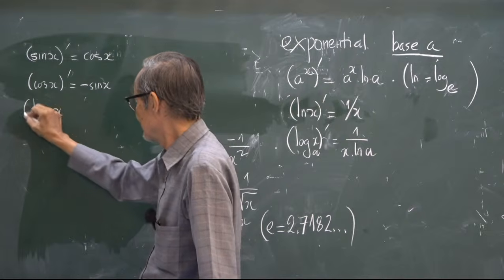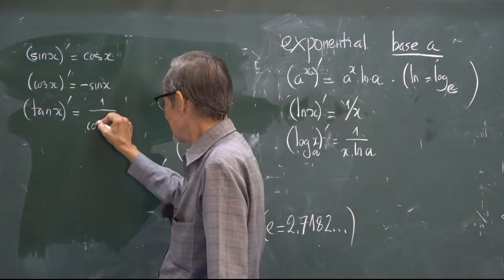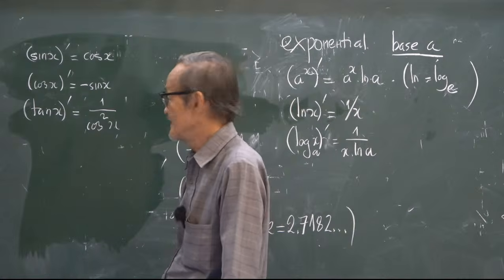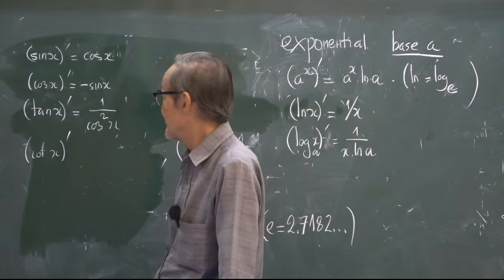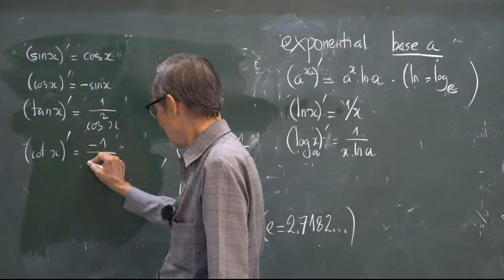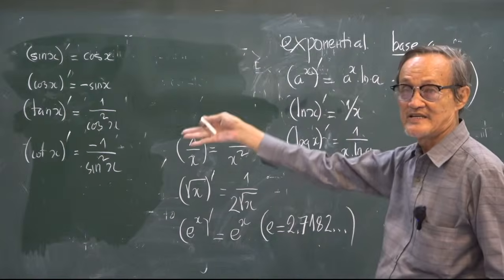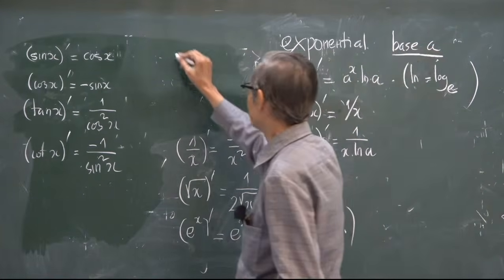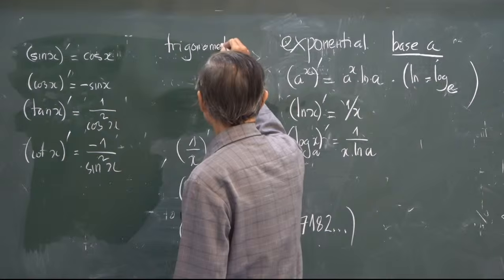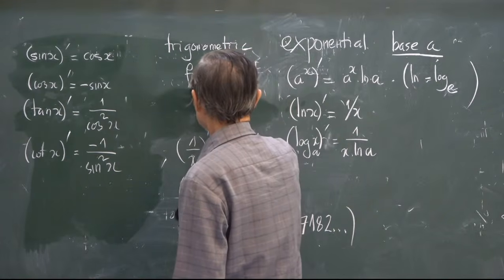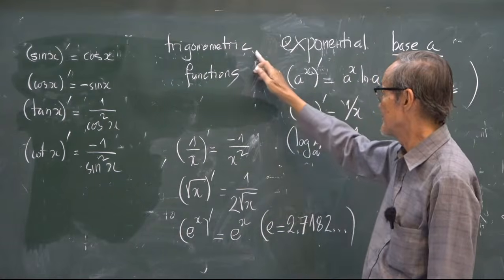The derivative of tangent of x equals 1 over cos square of x, and the derivative of cotangent of x equals minus 1 over sin square of x. Trigonometric functions.